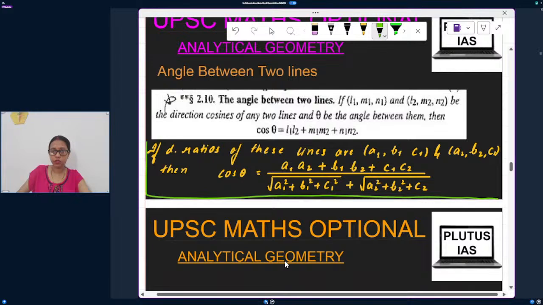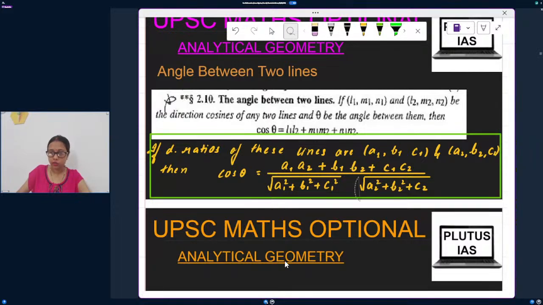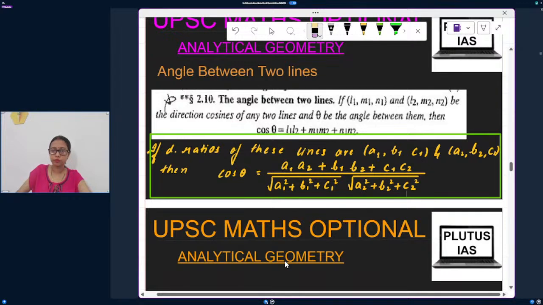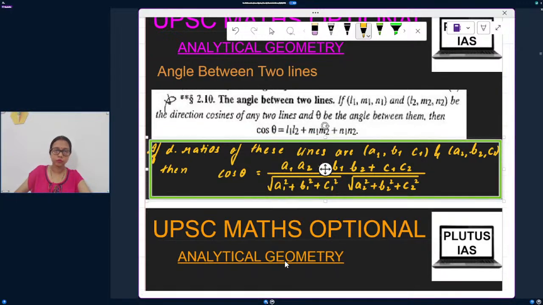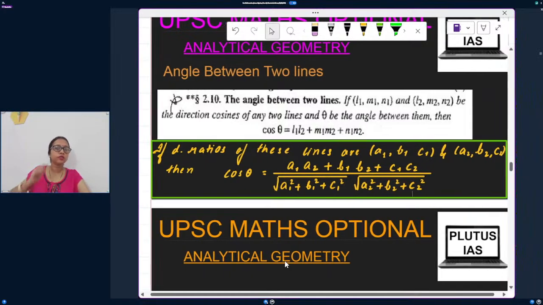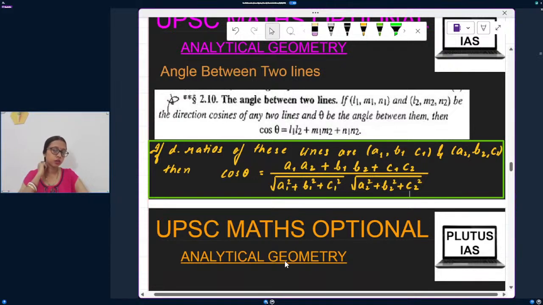Yes, in the denominator, C2 square; sorry, that is in multiplication. So this is the formula when you have direction ratios instead of direction cosines.